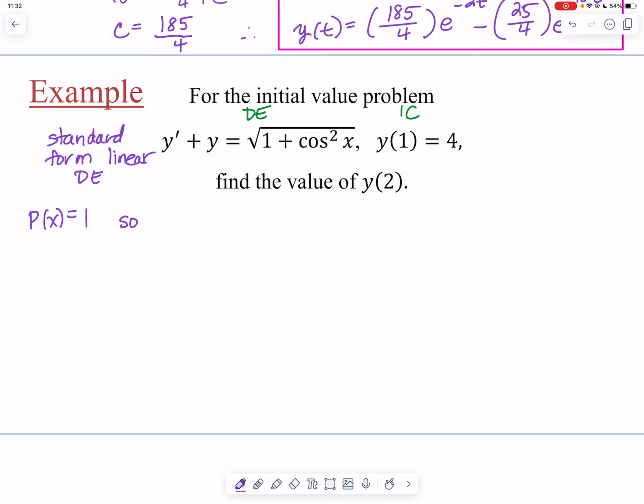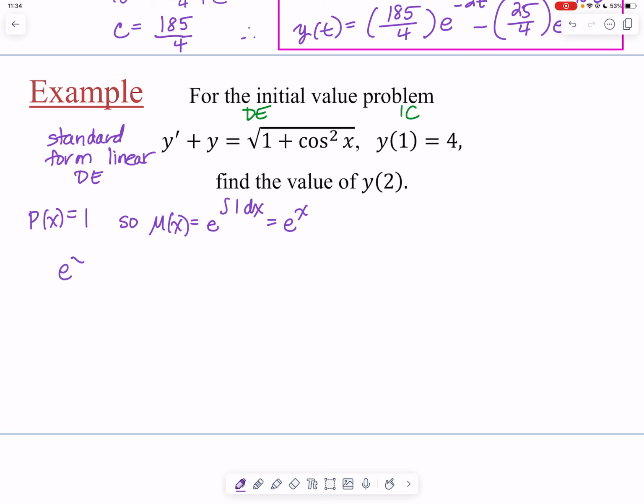So mu of x is equal to e to the integral of 1 dx, and that's just going to be e to the x. So now we will multiply both sides by that.